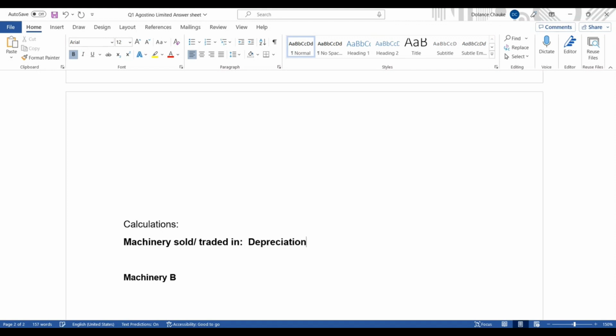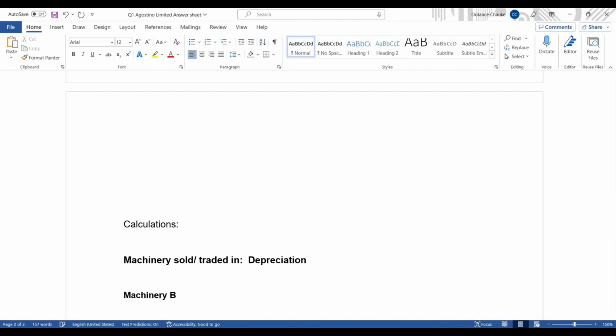Are you giving out the method? Yes, I'm gonna give that. So they are saying we are using which method here? Straight line method, right? So straight line method, it's cost price multiplied by the percentage given, multiplied by the number of months, you divide by 12.